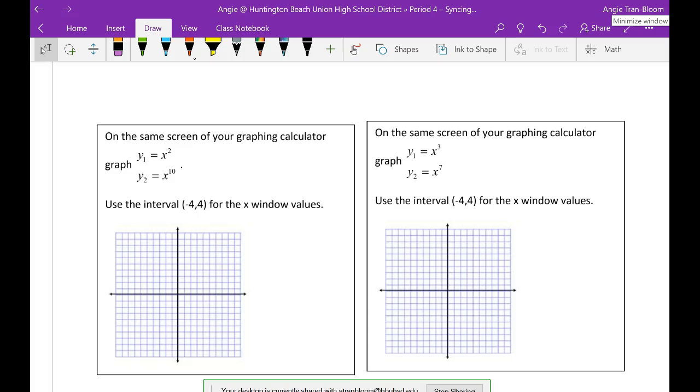Oh, okay. Don't forget to change your window. Your window, I want it to be just the X, -4 to 4, okay?